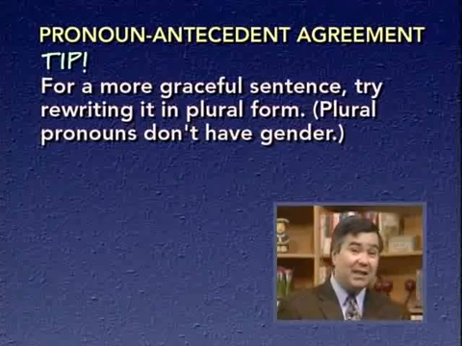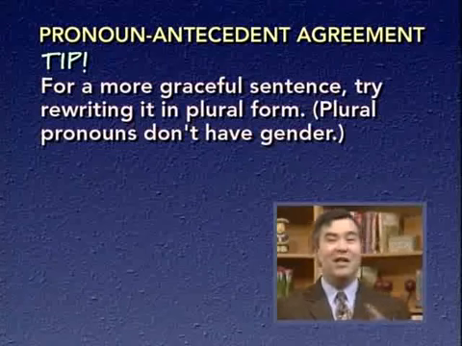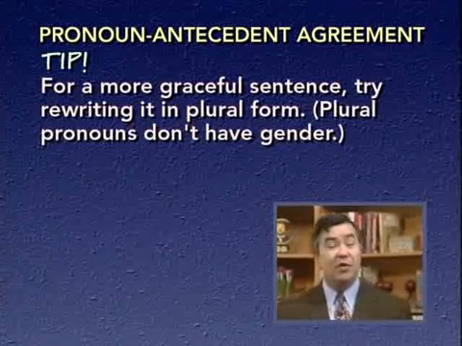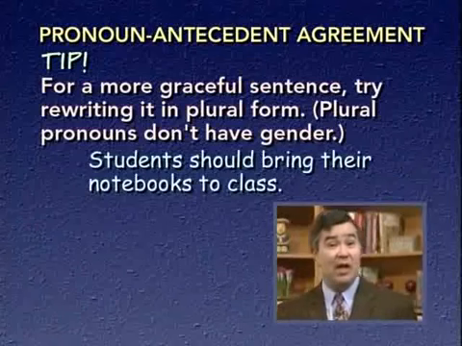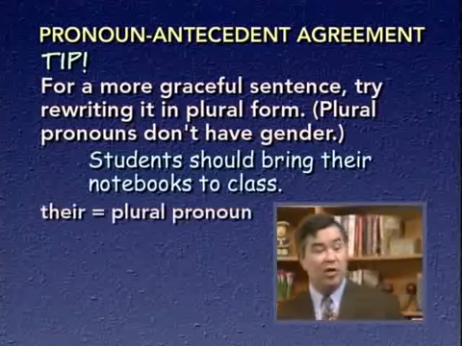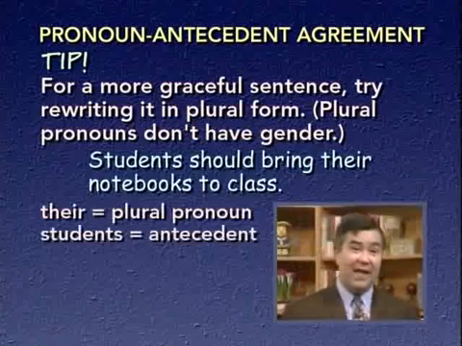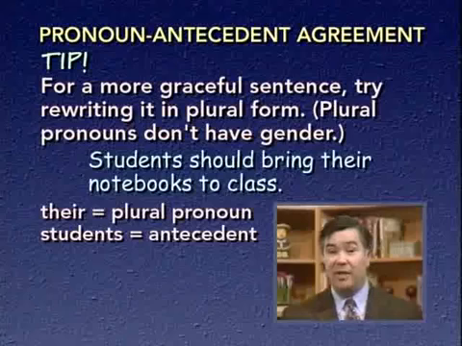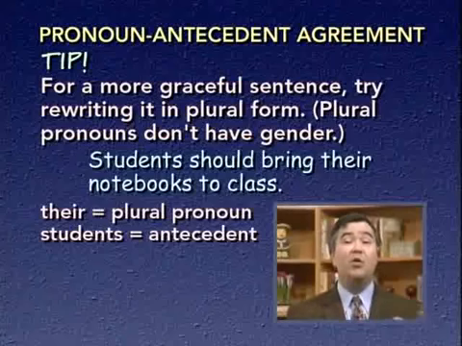So if you make a sentence like this plural, you get beyond the gender issue altogether. So this sentence, everyone should bring his or her notebook to class, could be rewritten the following way. Students should bring their notebooks to class. Now we've used the plural pronoun there to refer back to the antecedent students, and there is neither masculine nor feminine. It includes males, females, what have you.